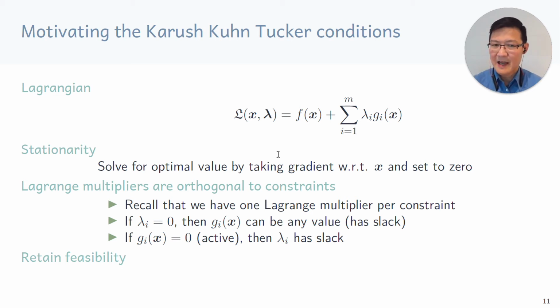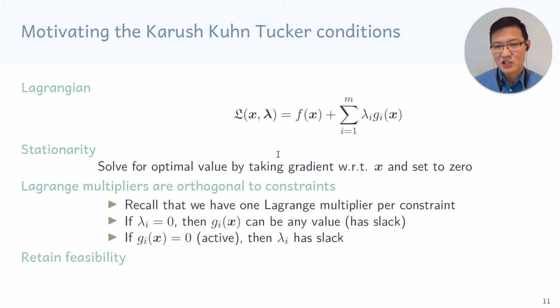Now, the word slack here means that if the variable has slack, it can further be optimized. Okay. Now recall that we have a lambda i for each constraint gi. If you look at the Lagrangian at the top here, if lambda i is 0, then gi can take any value and not affect the value of the Lagrangian.